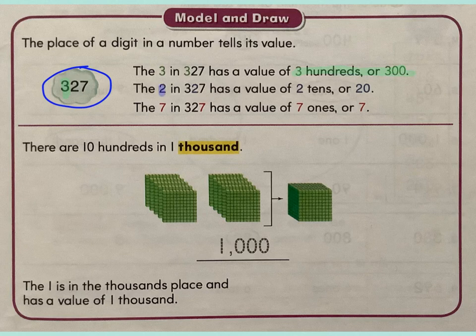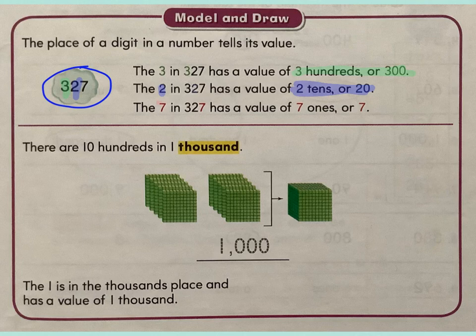The 2 in 327 has a value of 2 tens or 20. Again, we can say 2 tens or 20, and that is the same thing.